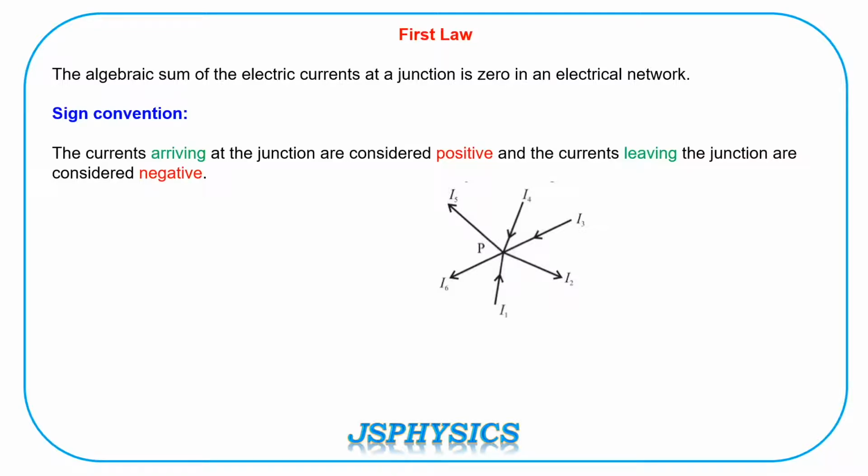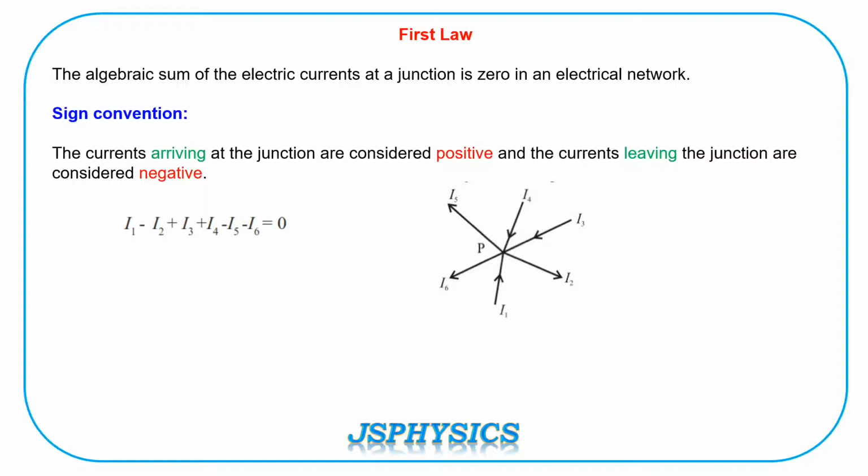In this particular case, I1 is coming toward the junction, I2 is going away from the junction, I3 and I4 are coming toward the junction, and I5 and I6 are leaving the junction. So if we apply the sign convention and Kirchhoff's first law, we can write I1 positive, I2 negative, I3 and I4 positive, and I5 and I6 negative.